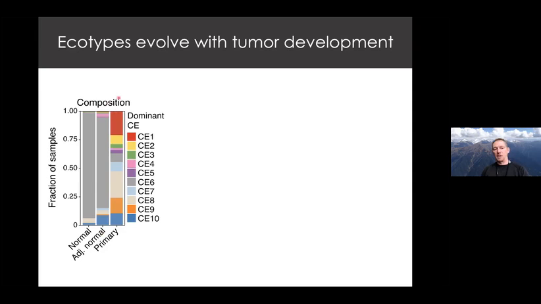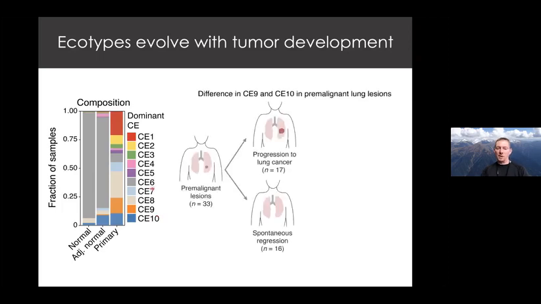And then by the time we get to full-blown cancer, the normal ecotype is largely gone, and it's been replaced by what we call these carcinoma ecotypes, which at the top are largely driven by epithelial cells and fibroblasts, and then also the presence of specific immune responses from these two inflammatory type immune ecotypes. We can see it in another way.